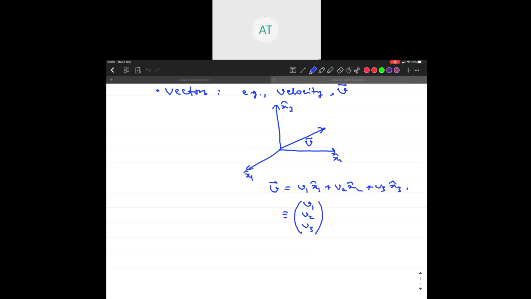But in various scenarios, you may require these vectors to be of a higher dimensional quantity. They need not necessarily be three-dimensional. So in general, n dimensions, where n is a whole number.